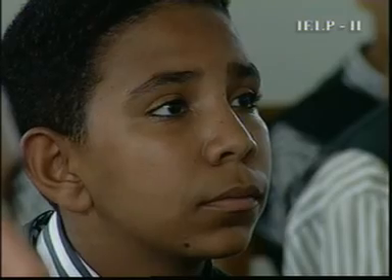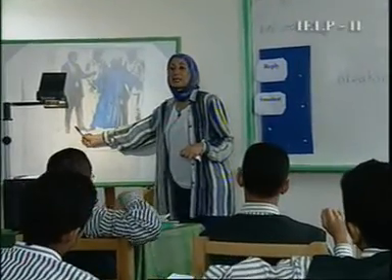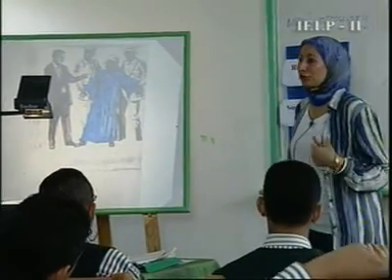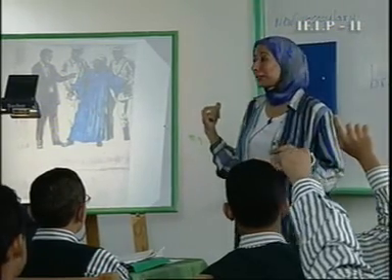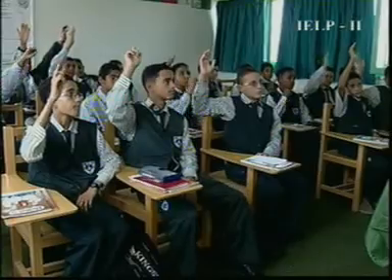Look at the police officer. Which one is the police officer? The one on the left side. Yes, the one on the left side, with the brown jacket. I think he's giving orders to the policemen. What do you think the order is? Yes, Hussein?